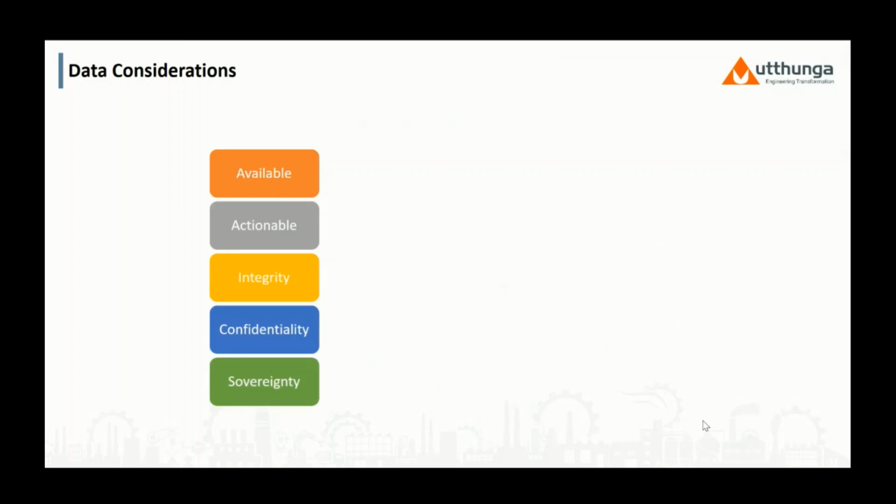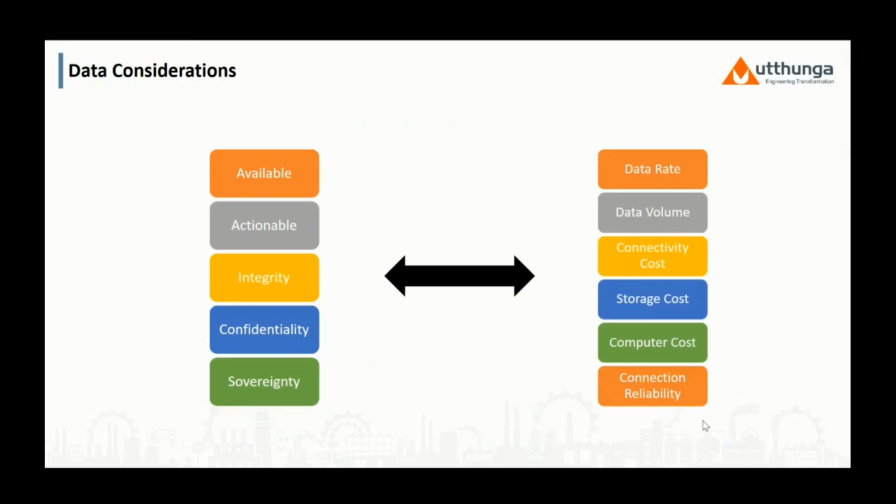Now, these are the functional requirements of the data, but there are some technical considerations that we have to look into. Some of the data has a very high data rate, and the volume of data that gets generated in a plant, with the kind of vision where everything is going to have a sensor, is going to be very huge.